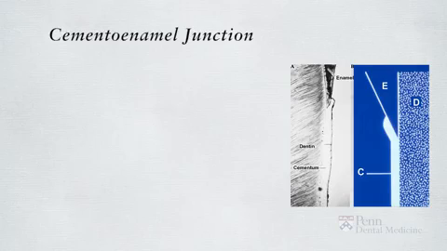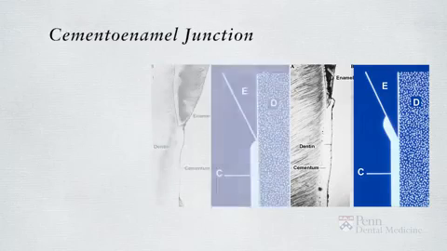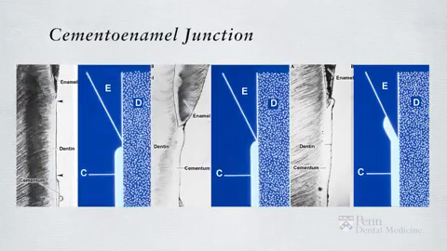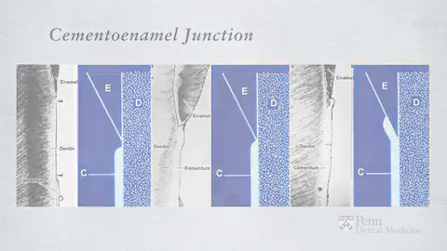In other instances, enamel overlaps the cementum, but in some cases, the cementum and the enamel actually do not meet, leaving an area of exposed dentin. In these situations, the patient tends to have increased sensitivity to thermal stimuli such as hot and cold.